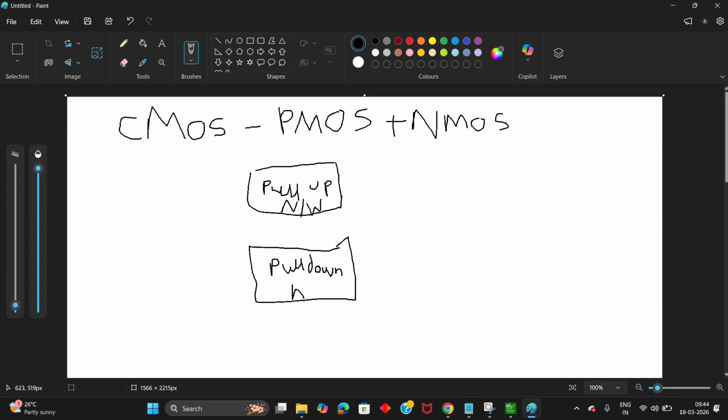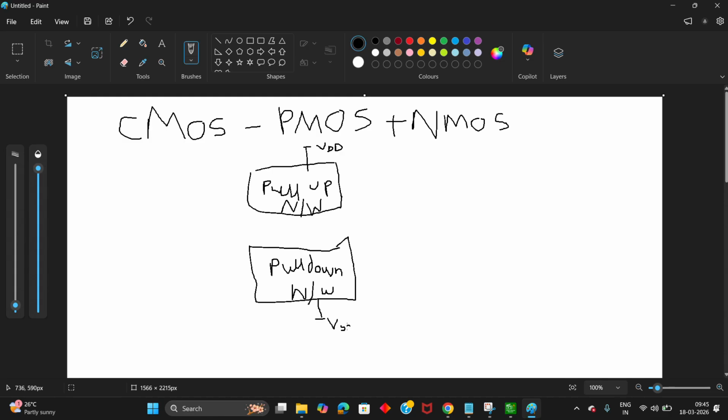We are going to give the high voltage, that is VDD, to the pull-up network source terminal, and we are going to give the low voltage, that is VSS, to the pull-down network.